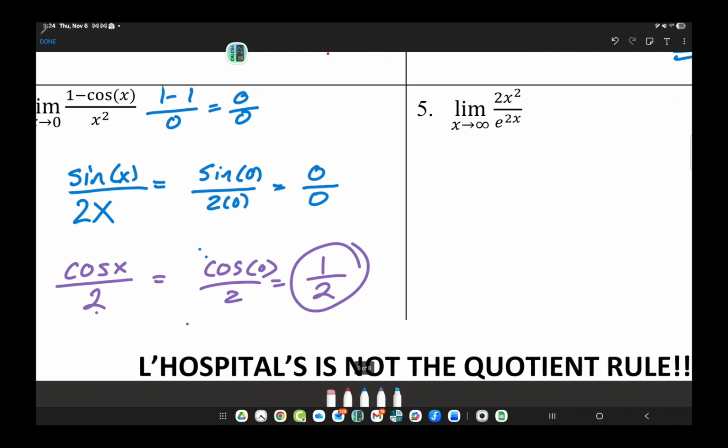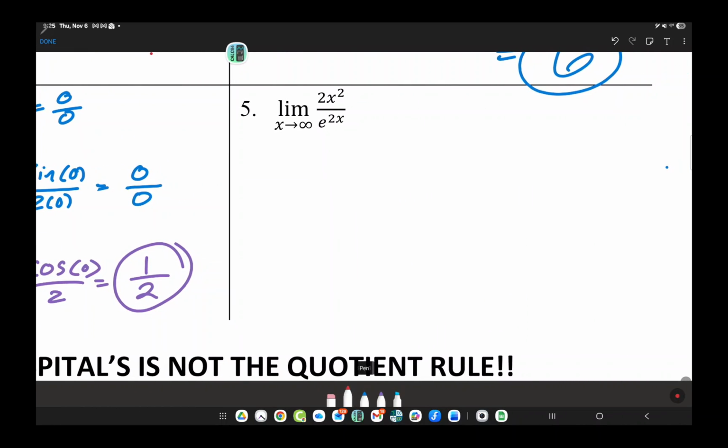All right. Number 5. If we plug in infinity, we will get infinity over infinity. Okay. So we take the limit as x goes to infinity. The derivative of 2x squared is 4x. The derivative of e to the 2x is 2 e to the 2x.